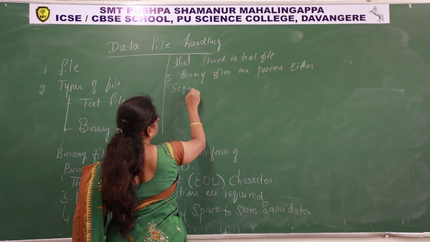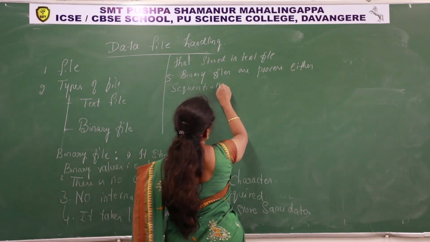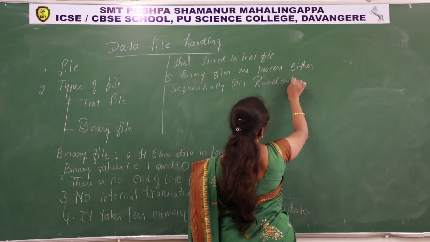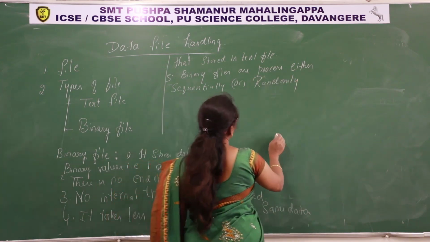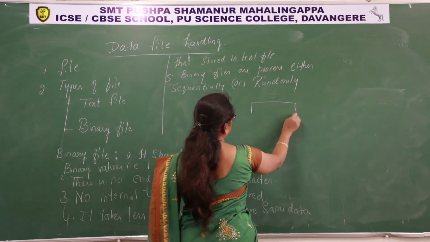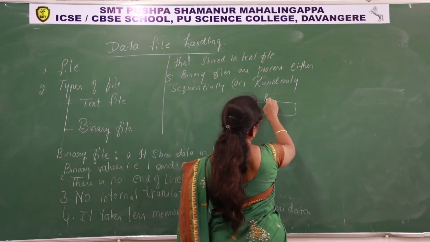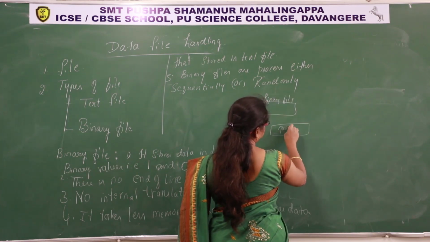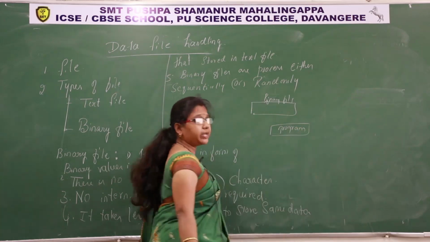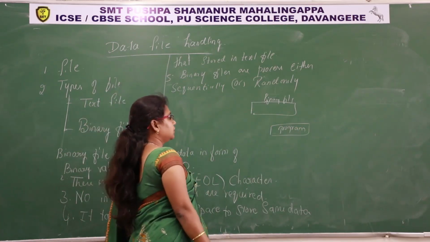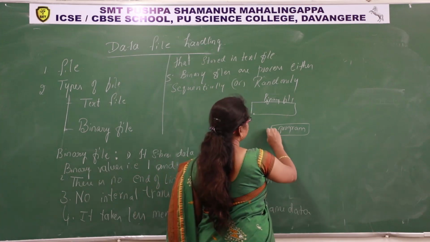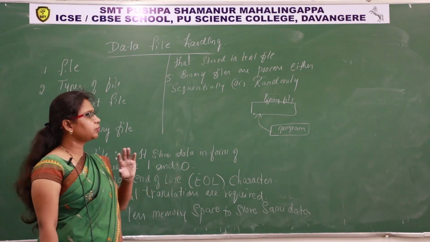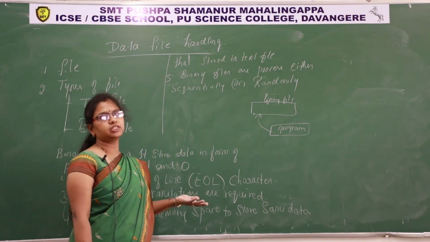It means if this is a binary file and this is a program, how we have written the instructions in the program decides how the program is able to fetch the data from the binary file. For a file, we can perform basic operations, that is input operation and output operation.